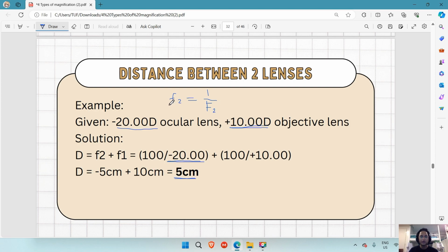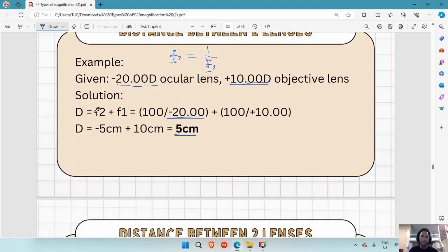Still note that capitalization matters here in this subject. The big F denotes the power, while the small f denotes the focal length. So now that we know how to convert these powers, you just have to substitute.